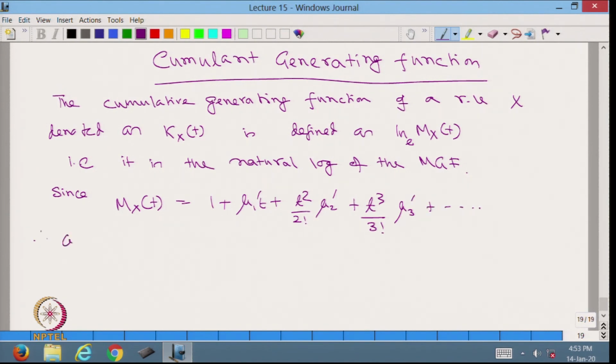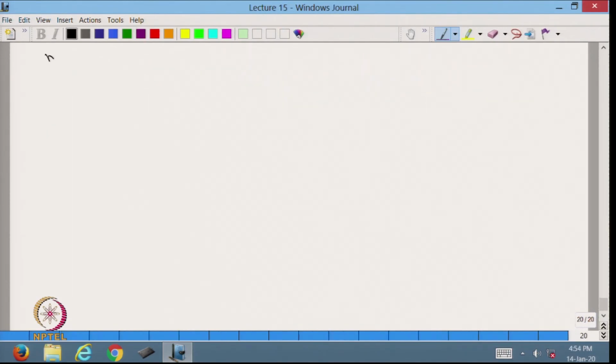Therefore, what is log of M_X(t)? That is the question. We know the natural log of 1 plus x is equal to x minus x square upon 2 plus x cube upon 3 minus x 4 upon 4, etc.